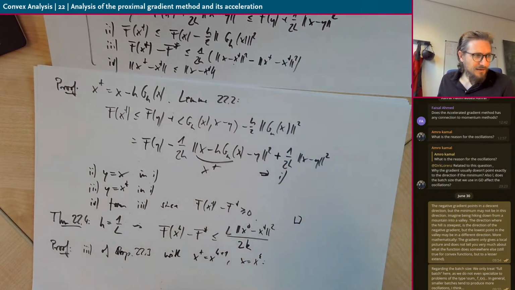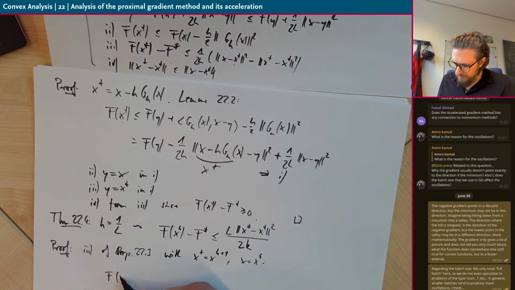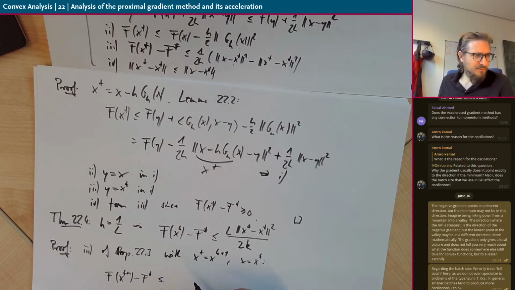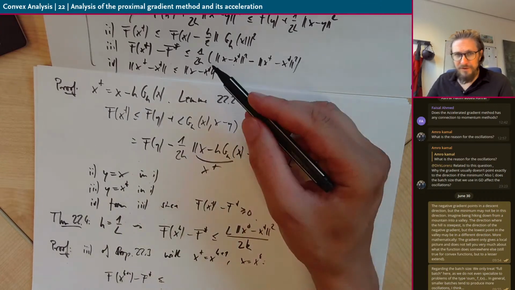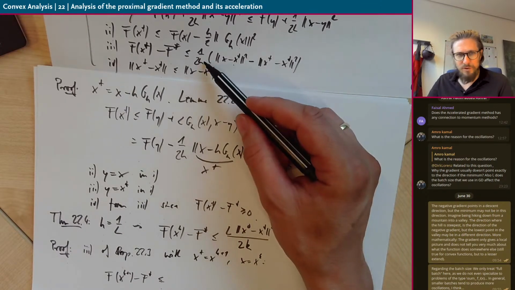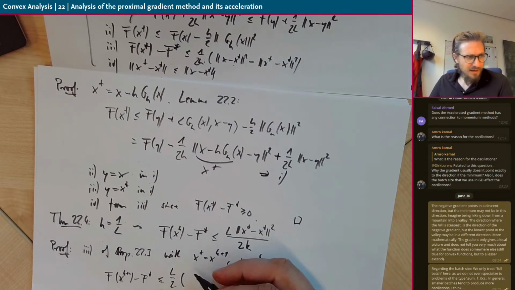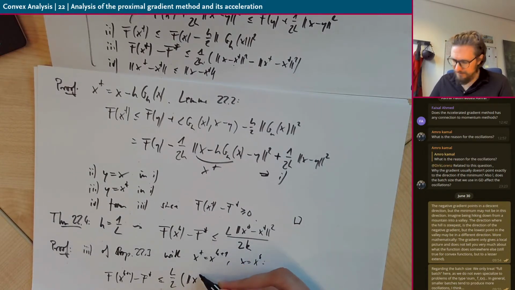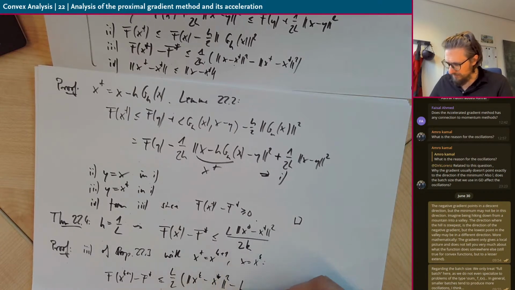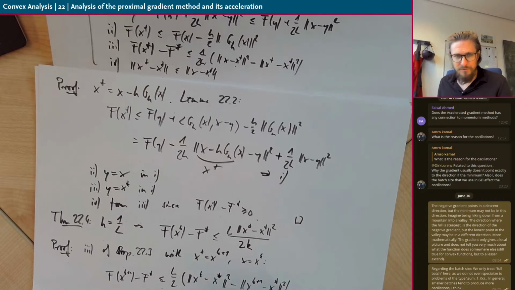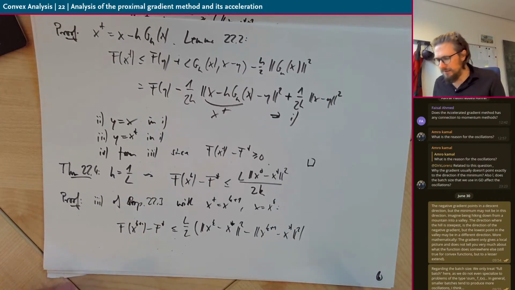If we have that, then it's simply that f of xk plus 1 minus f star is smaller equal than the difference here. So we fixed h to be 1 over L, so we have now here L over 2, but still have the difference xk minus x star squared minus xk plus 1 minus x star squared.